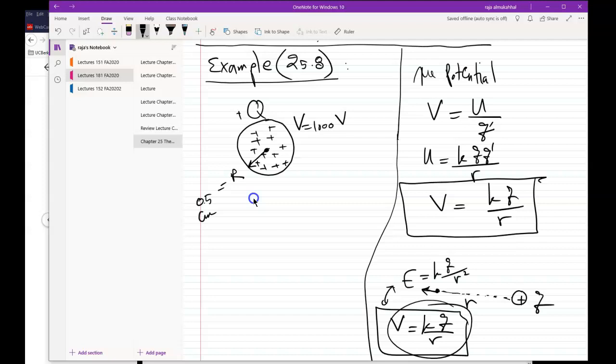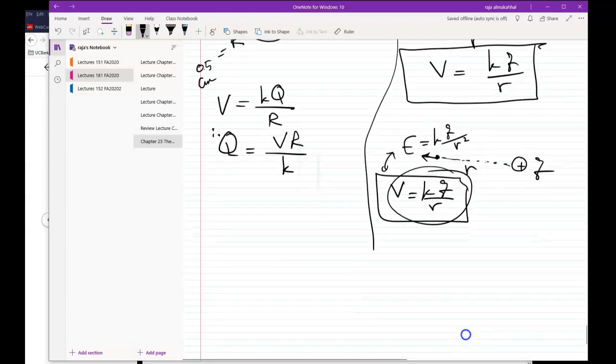Well, I can just use this formula right here. So V is equal to KQ over the radius. Therefore, Q is equal to VR over K. See what I'm saying?